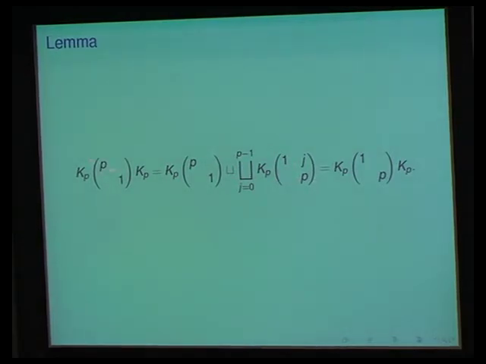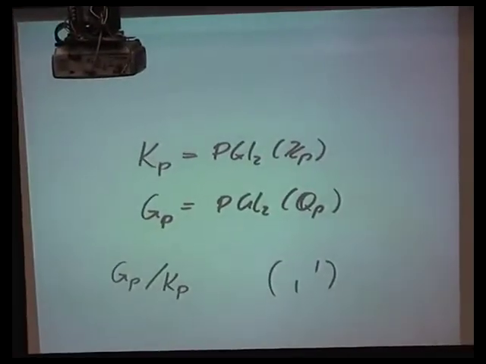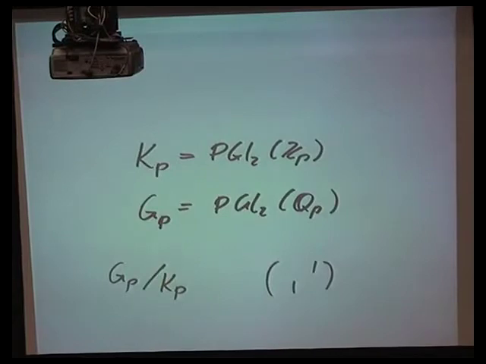And had you not looked at p1, but rather at 1p, you would have gotten the same thing. That's because KP contains this transposition matrix that allows you to say that this is equal to that.